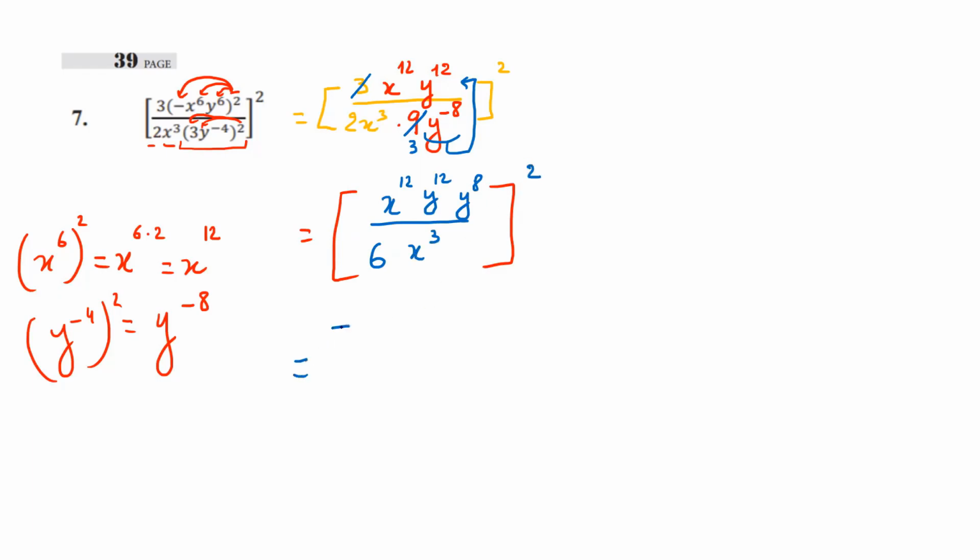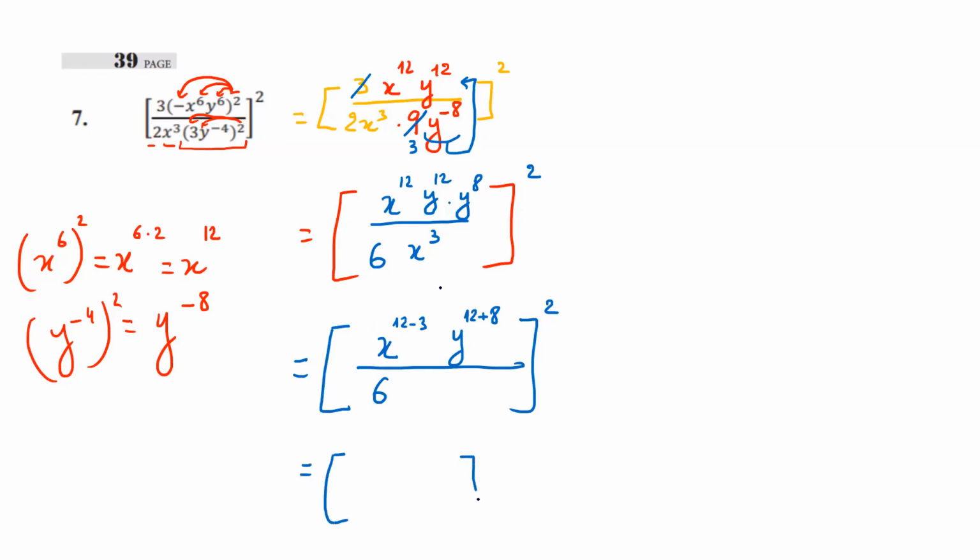So finally, the coefficient is 6 in the denominator. x to the 12 up, x to the 3 down, so it's x to the 12 minus 3. And y to the 12th times y to the 8, same base. So here we add.